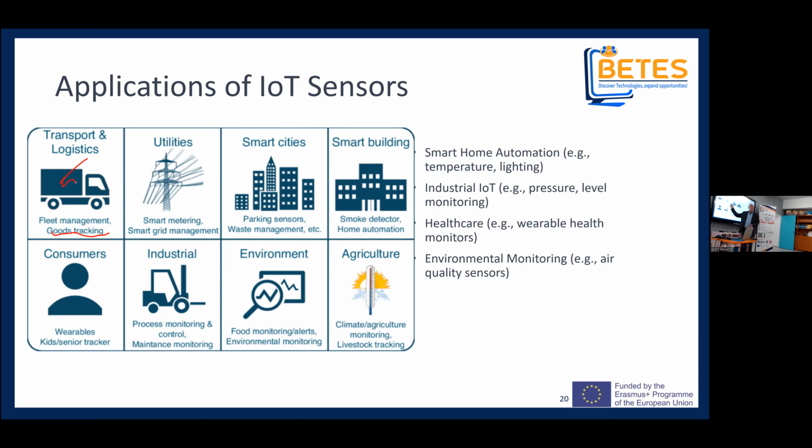We can measure the consumption and the voltages of our grid. We can use it in clever parking sensors. I think you've all been in parking spaces now that they count how many cars they are in and how much space is available. So they have parking sensors.